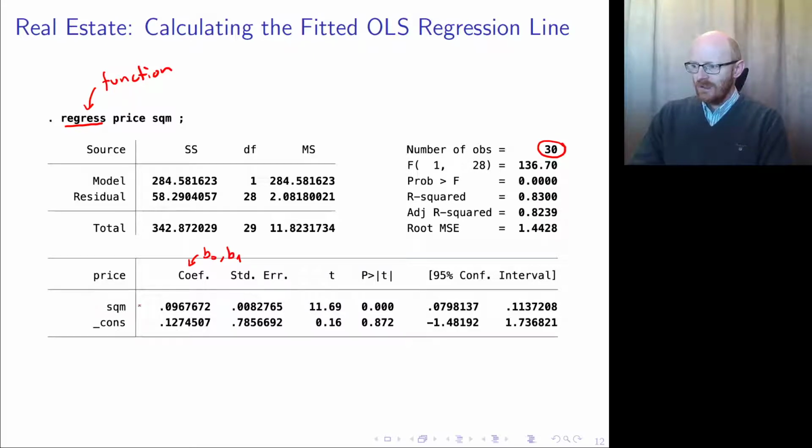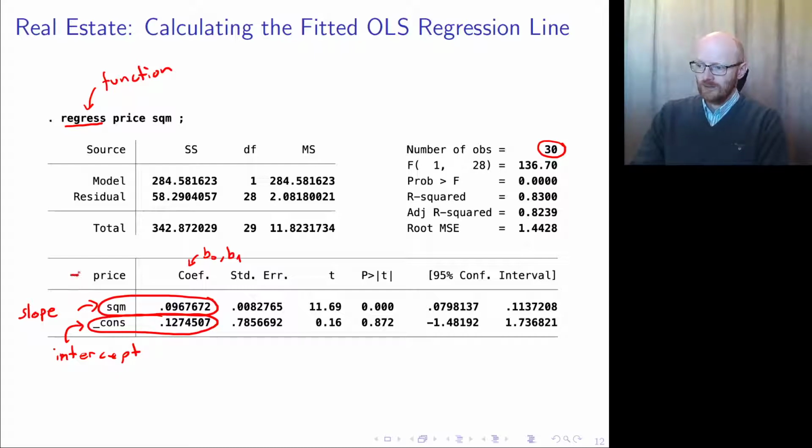So the slope is actually here by the square meters, and that's the slope, and this would then be the constant, or as we say, intercept, and this price is the y variable, okay, and the square meters would be the x variable, okay.